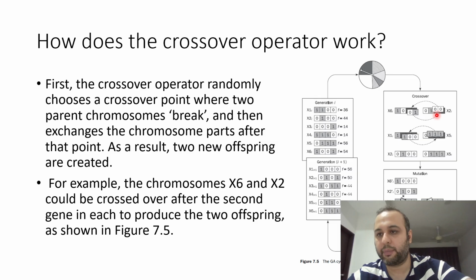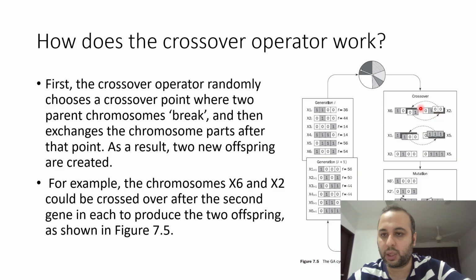After selection of the parents, crossover starts. As you can see, X6 and X2 are selected to be parents. Two genes of X6 and two genes of X2 are selected to crossover, to swap.